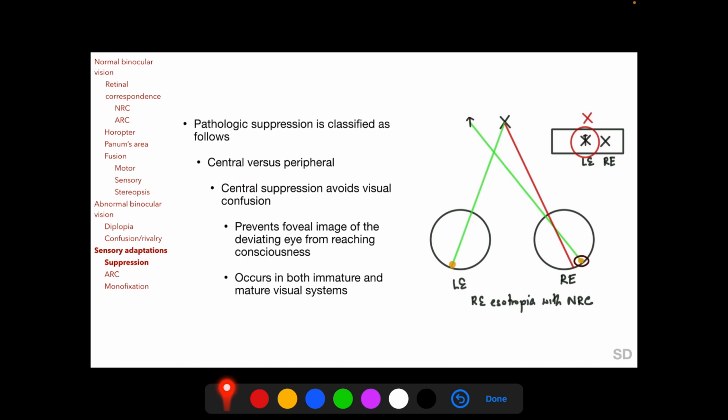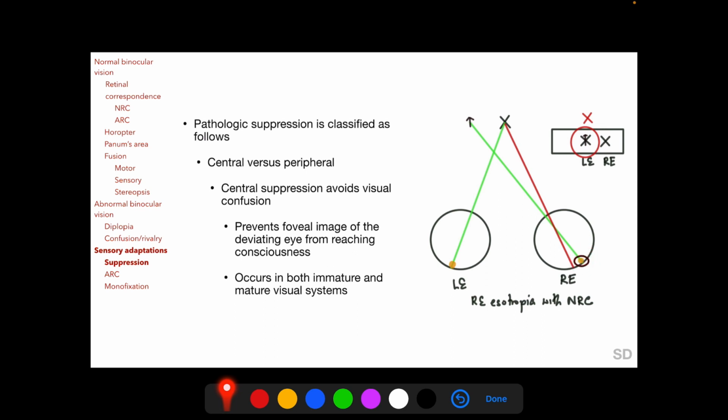Central suppression avoids visual confusion, which occurs in patients with strabismus and which we have discussed earlier in this session. Central suppression prevents foveal image of the deviating eye from reaching consciousness, represented by the black circle encircling the fovea in this diagram.